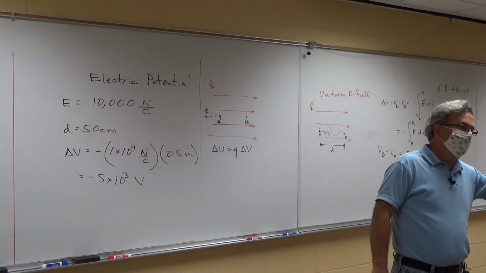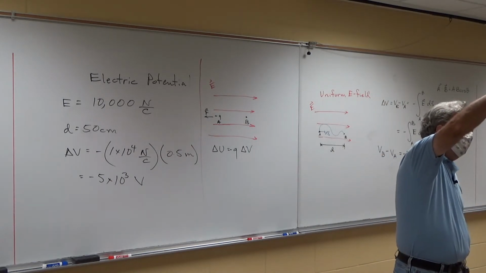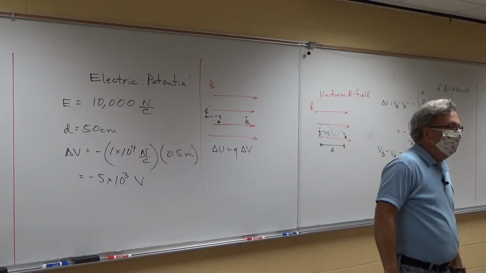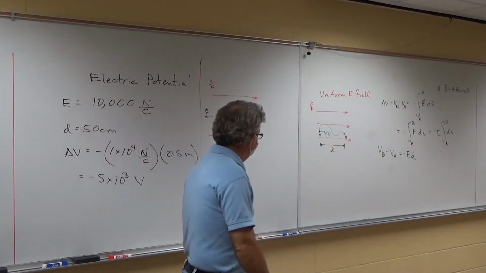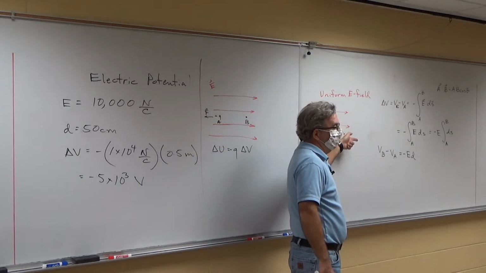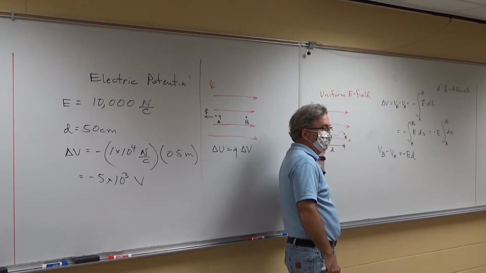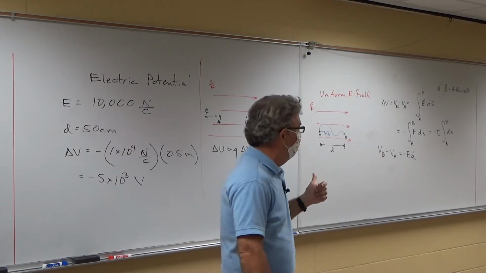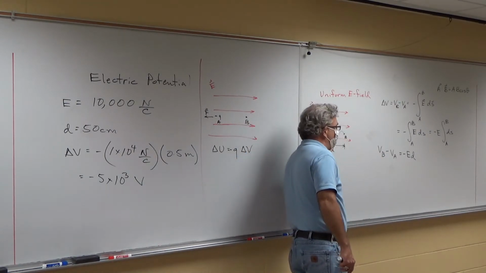You push something off a little cliff, it's going to fall. But with charges, if it's positive, they naturally want to go with the field. If it's negative, they naturally want to go against the field, because a negative charge is losing potential energy as it moves this way.